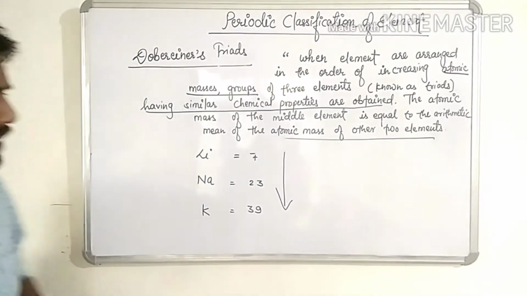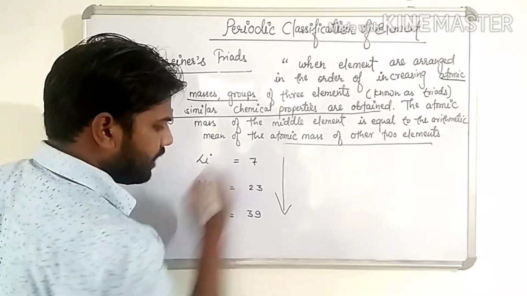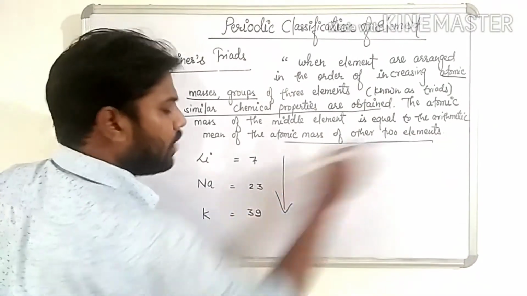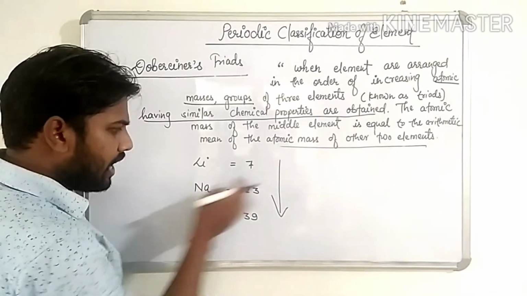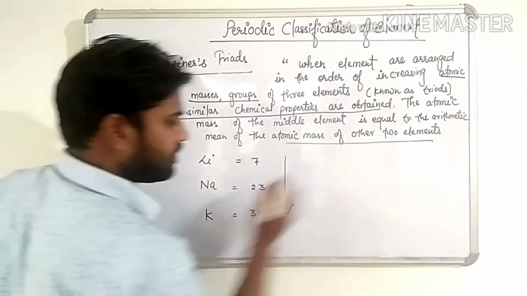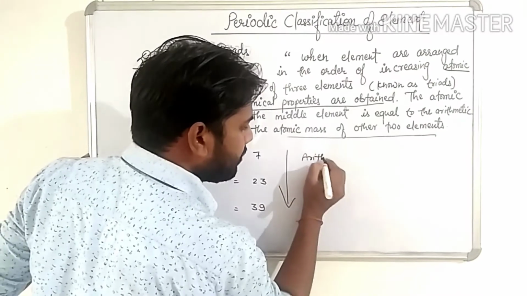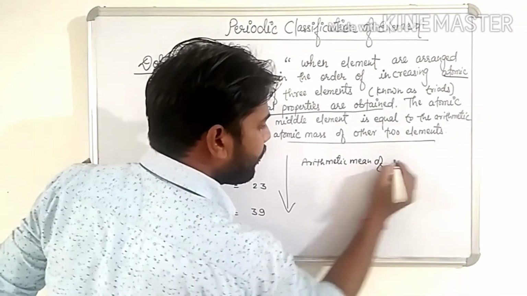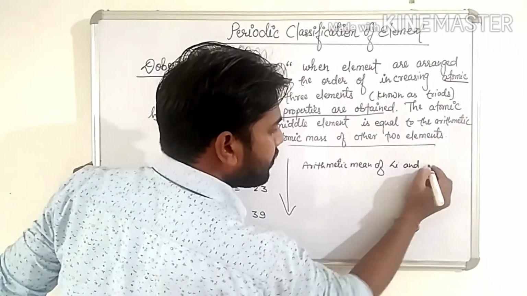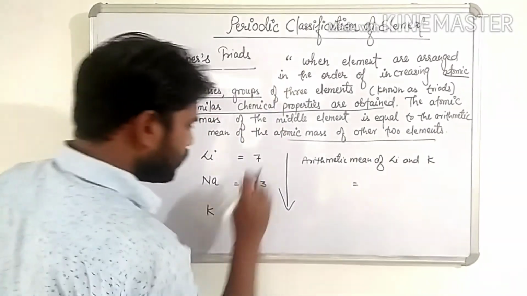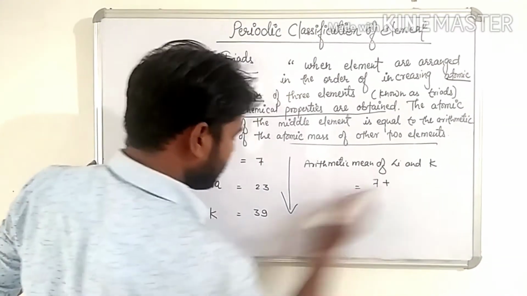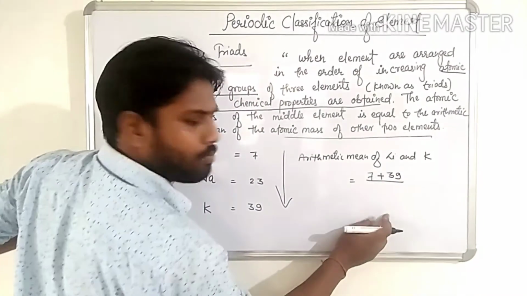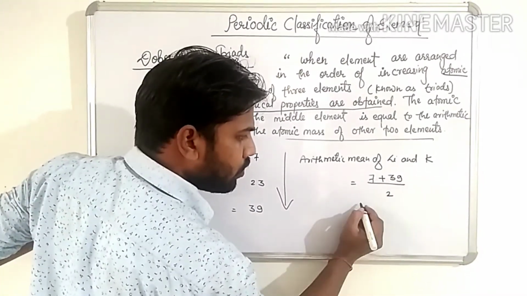Clear, children? See, children, how can we calculate? There is an arithmetic mean of the other 2 elements, means we will calculate the average of lithium and potassium. Arithmetic mean of lithium and potassium: 7 plus 39, divided by the number of terms, children, 1 and 1, 2.